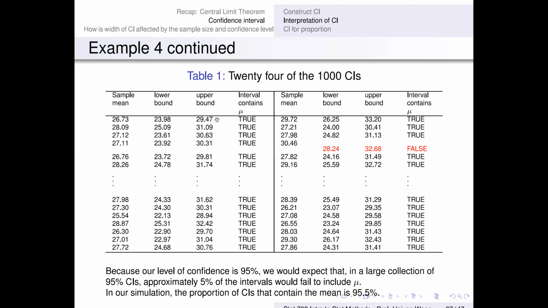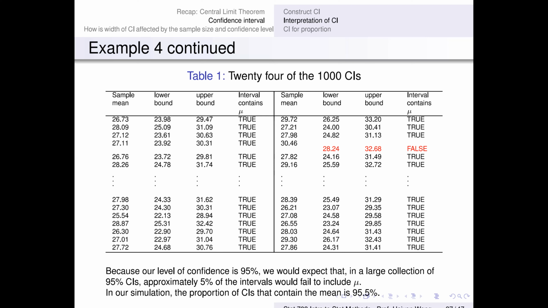If we look at the lower bound and upper bound, our 27 is inside there, therefore this interval contains the mu. So you see true here says the mu is inside that interval. Similarly for the next interval and so on. Keep going for all 1,000 of them, and you will see some of them do not contain the 27. This red colored one is an example that did not contain 27.